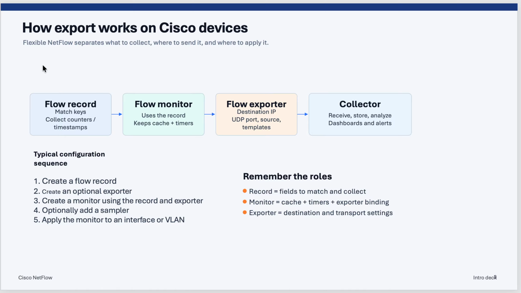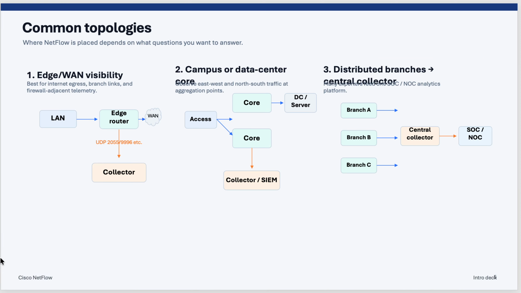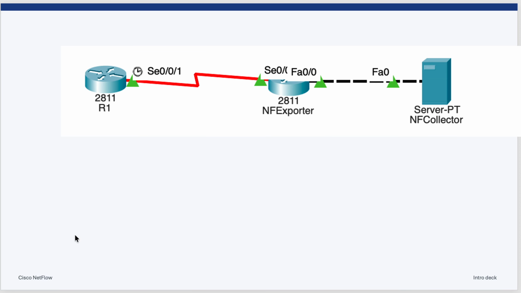So, how does the export function work on Cisco devices? Well, we ask it to monitor the flow, we export it, and we export it to a collector. So I wanted to take a look at this more simple topology right here. We have router 1, R1.